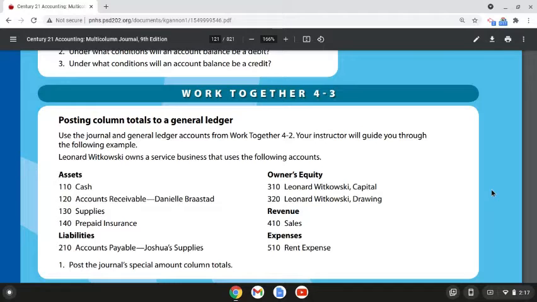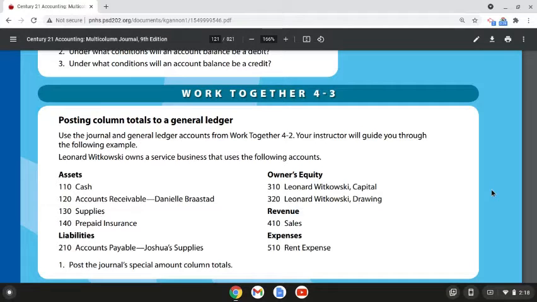But anyway, today I will be going over the 4-3 work together, where we will be posting column totals to a general ledger. So the instructions say, use the journal and general ledger accounts from work together 4-2. Your instructor will guide you through the following example. Leonard Witkowski owns a service business that uses the following accounts.